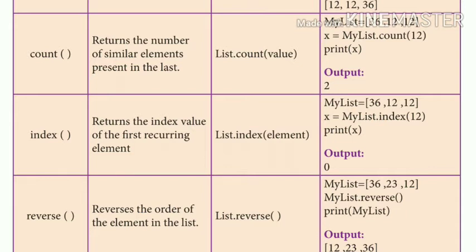So x is equal to my list dot index 12. The first occurrence is at 1. There is a small printing mistake here, so actually the x value is 1, since the index value of the first occurrence of 12 is 1.